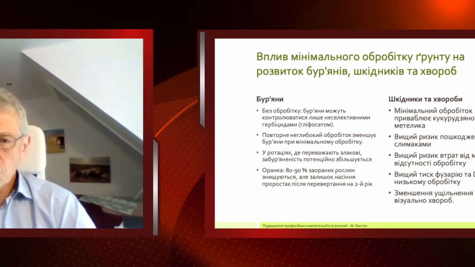This is different in no or low till. We try to trigger germination and by this destroy the weed seed load in the soil, and over time those operating with low and no tillage observe that weed pressure is going down.